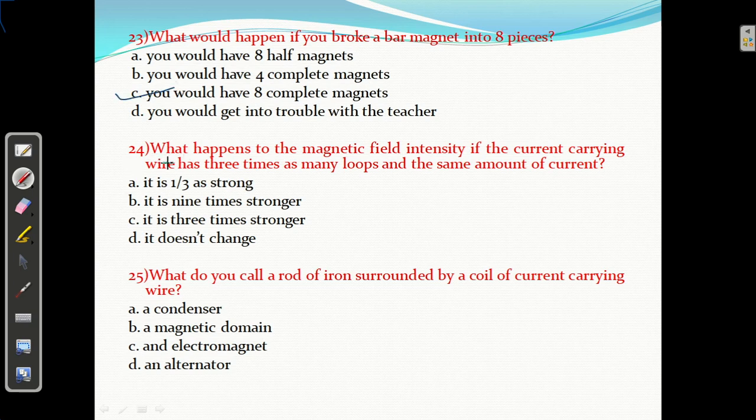24th. What happens to the magnetic field intensity if the current carrying wire has 3 times as many loops and the same amount of current?